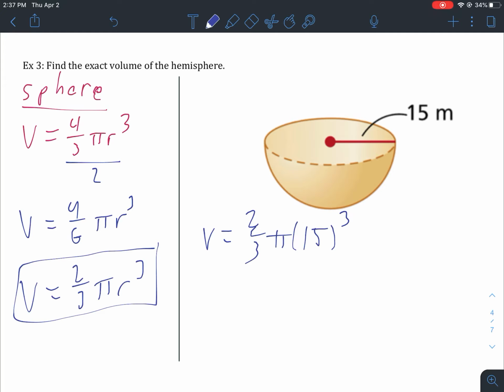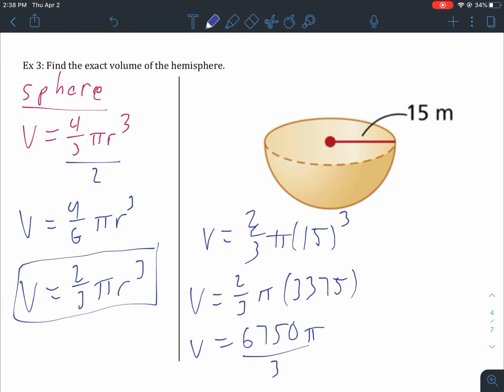So 15 to the third power is going to be 3,375. And if you multiply that by 2, we get 6,750 pi over 3. So again, check and see, divide it by 3 and see if we get a whole number, which we do. So our final answer here would be 2,250 pi cubic meters.